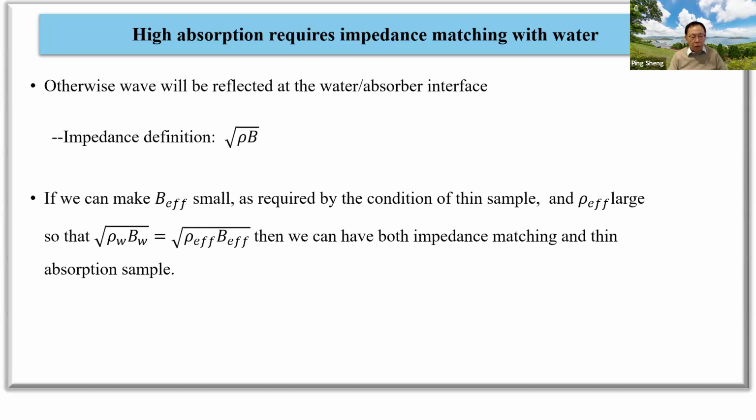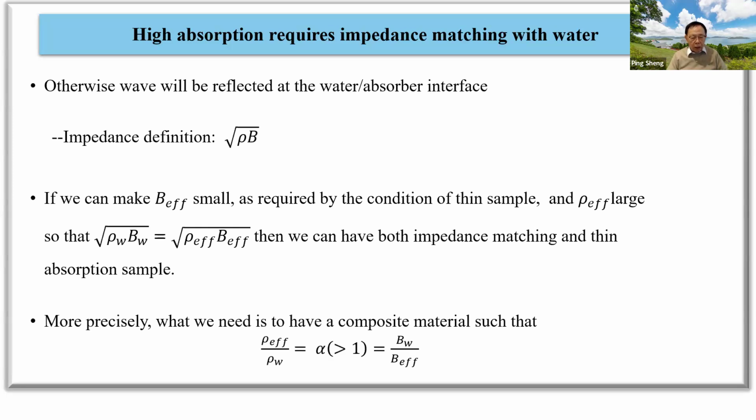And then the two multiplied together can match that of water. In other words, we can define a single parameter alpha such that the effective sample density is higher, and the modulus is smaller by the same factor.